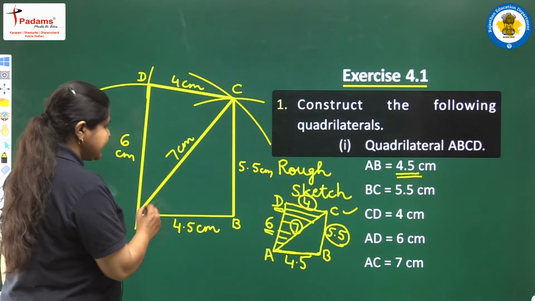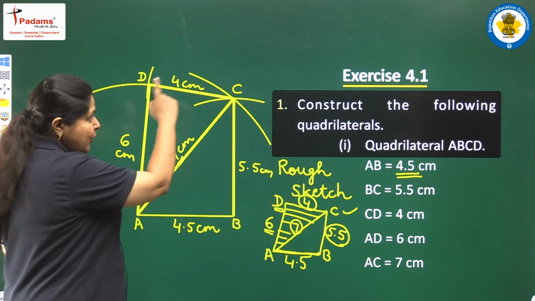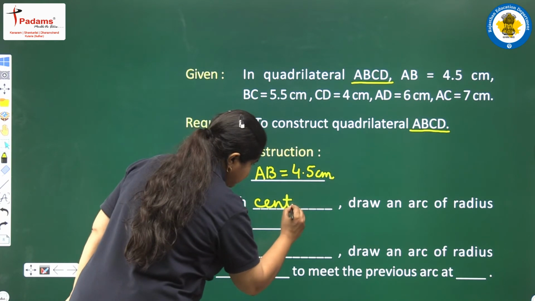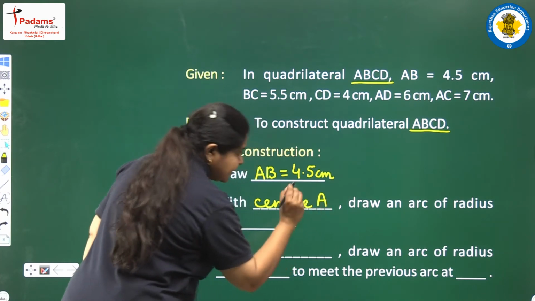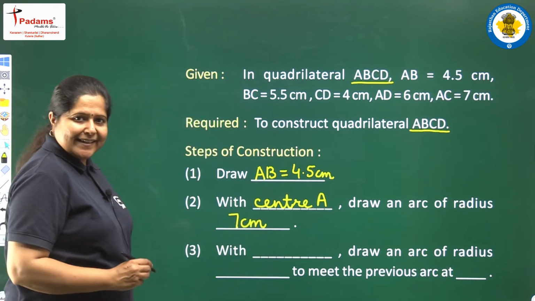Then what next? With A as center and radius 7 centimeter, you can see here, draw an arc. So, with center A, draw an arc of radius 7 centimeters. Clear?